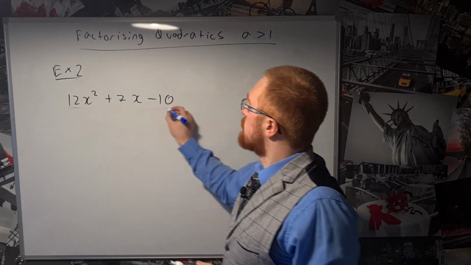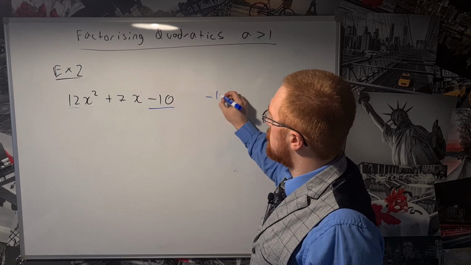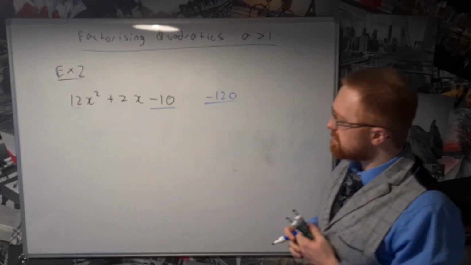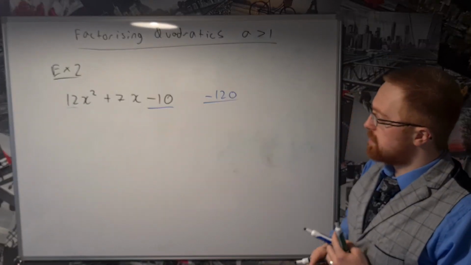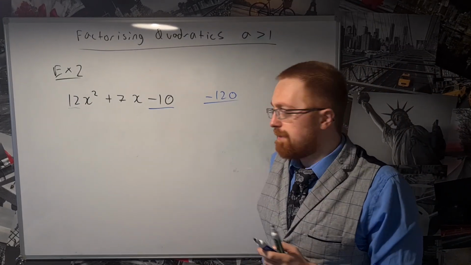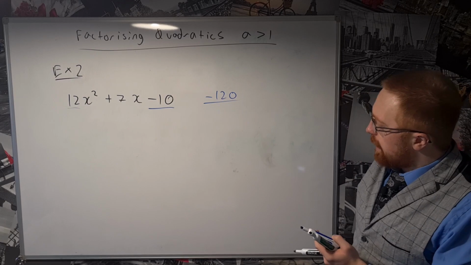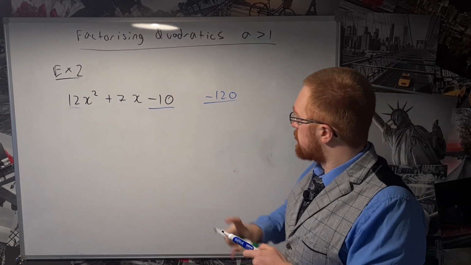So 12 times negative 10 is negative 120, and we're looking for a factor pair of negative 120 that adds to give 7. Now if we're unsure about this, we can just start listing factor pairs.